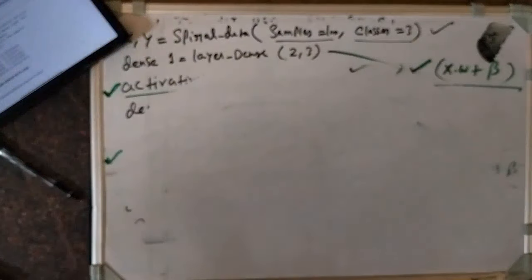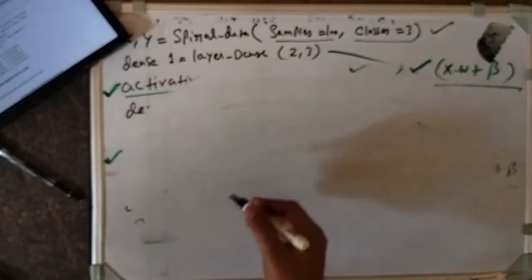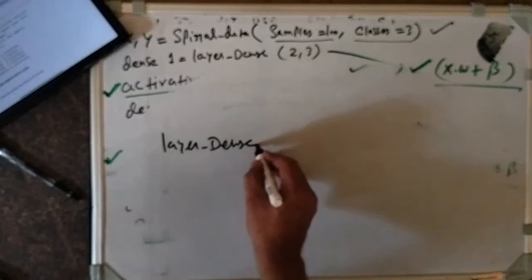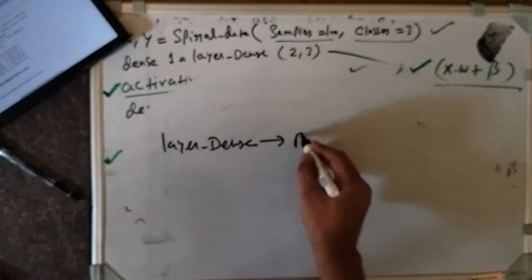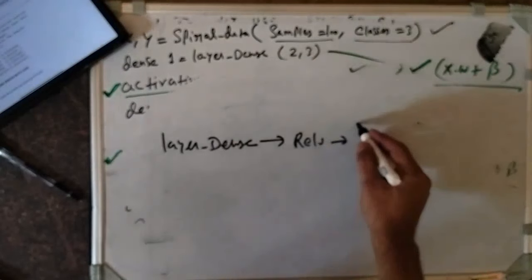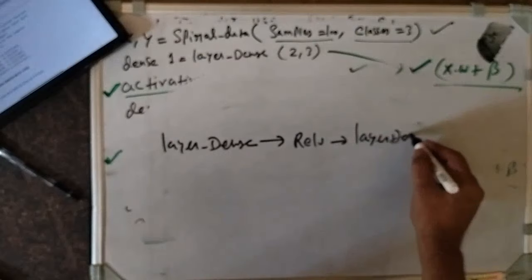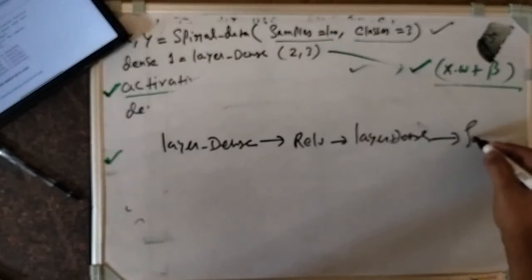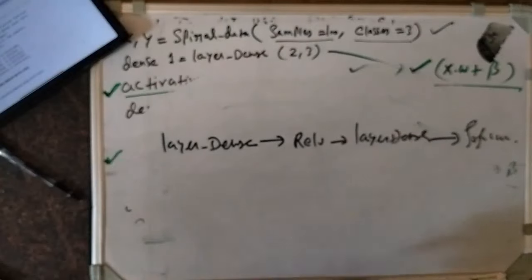What we are doing is, again this is a graph: layer Dense, then we are using ReLU, then layer Dense, then again we are using another activation function, suppose softmax. You can use any one.